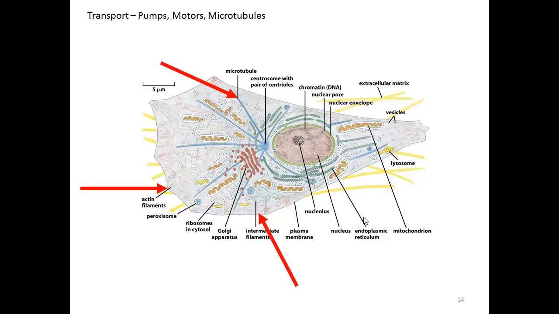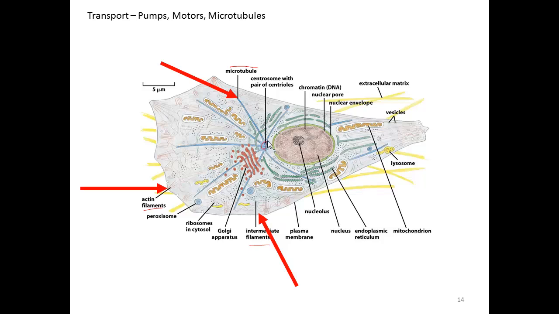Cells need a transport system. There are three parts that are highlighted here: microtubule and actin, which are involved in transport and structure, and then an intermediate, sort of the infrastructure, the intermediate filaments, which are less involved with transport. Let's talk first about the microtubules.